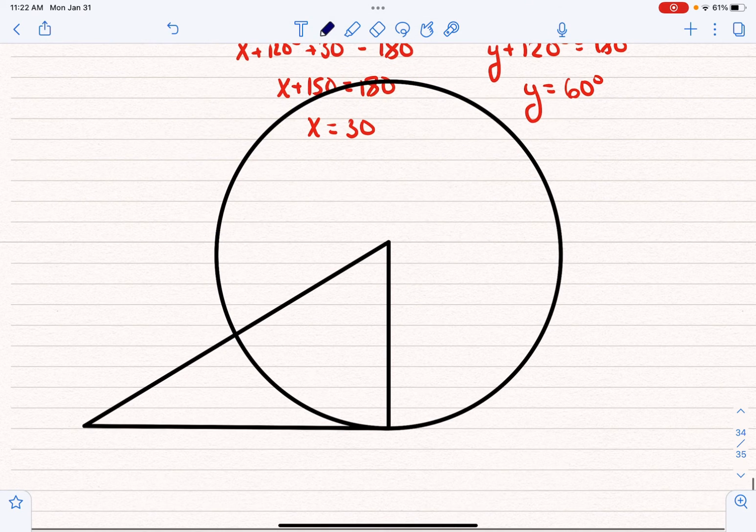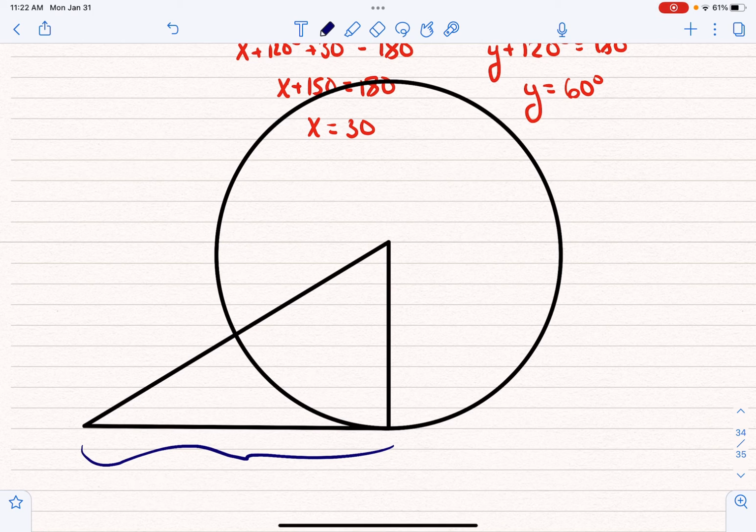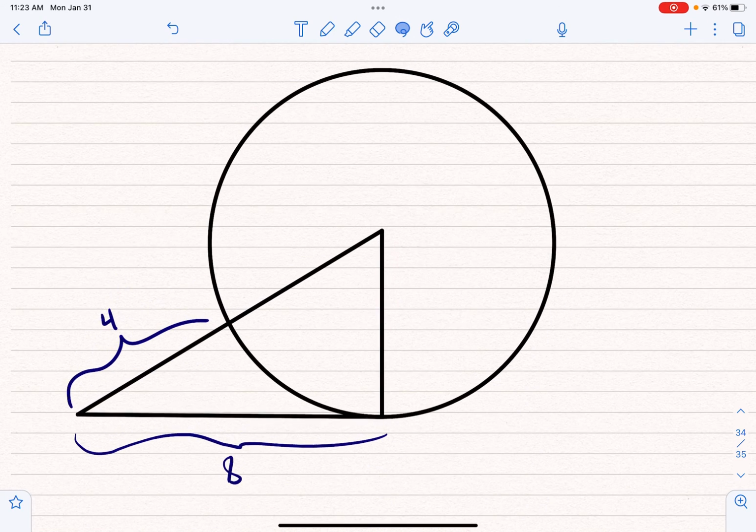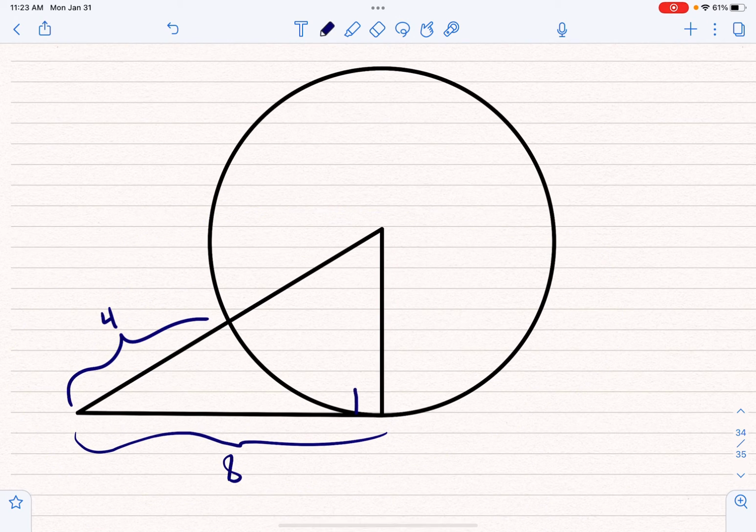And we're going to say that we know this side right here is 8, and that side right there is 4. And the question would be, what is the radius of this circle? I'm saying that this is a right triangle, this is the radius, and this is the center right here.